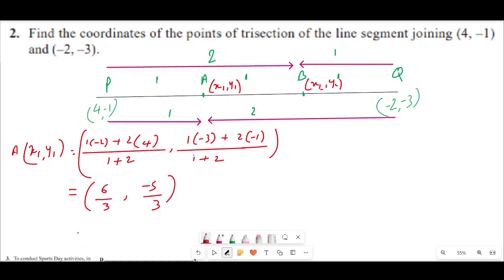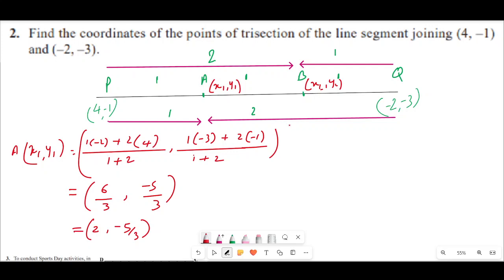So 6 by 3 is 2, and -5 by 3. So we have solved the problem for the coordinates of A.